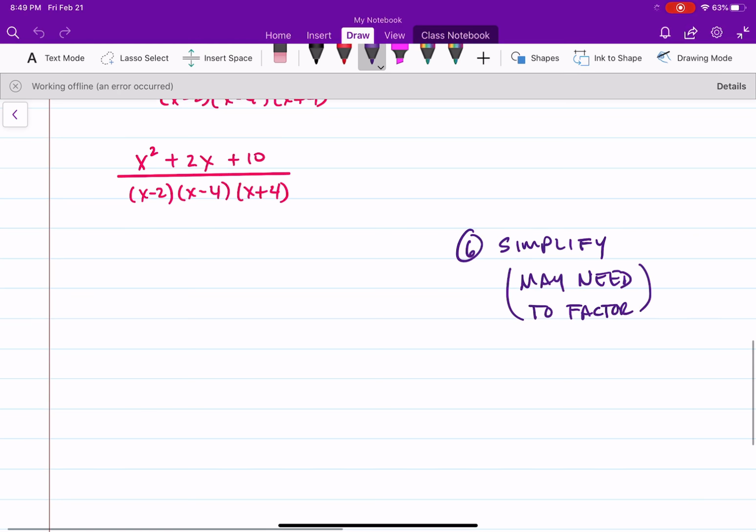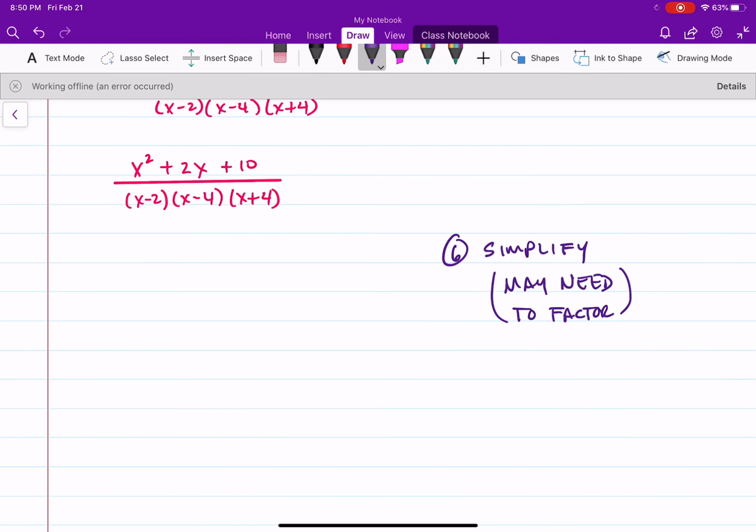So therefore, I can't simplify anymore, so this is my answer. x squared plus 2x plus 10 over x minus 2, x minus 4, x plus 4, comma, x cannot equal negative 4, 2, and 4.